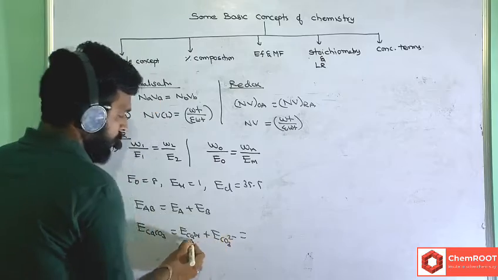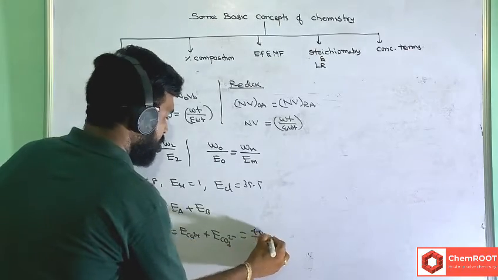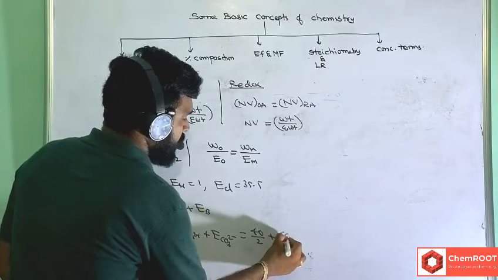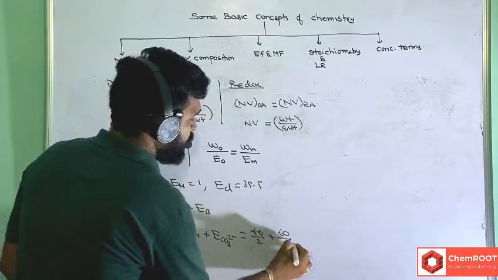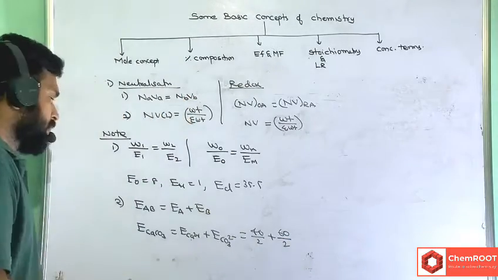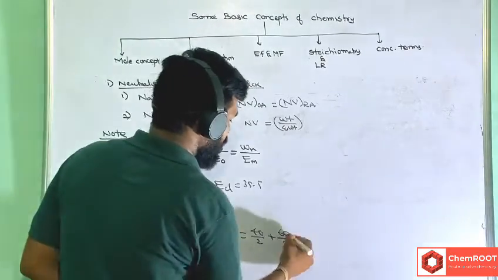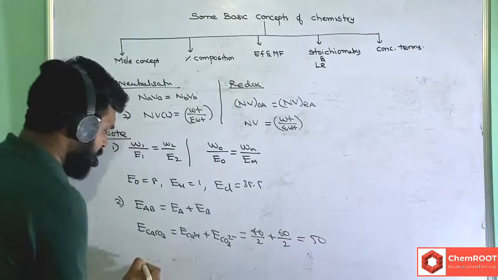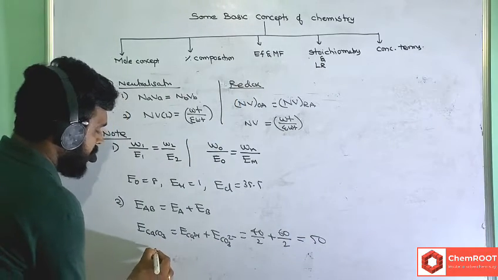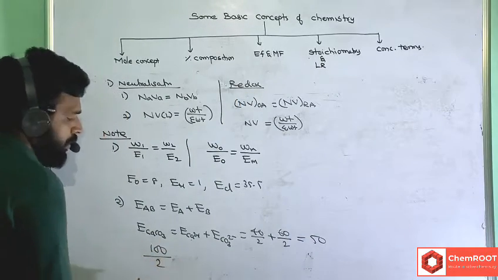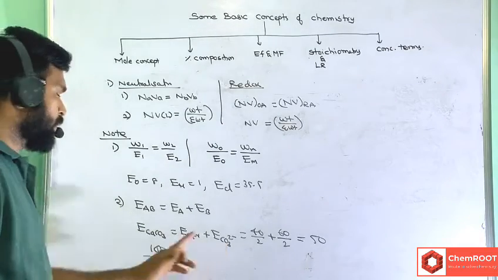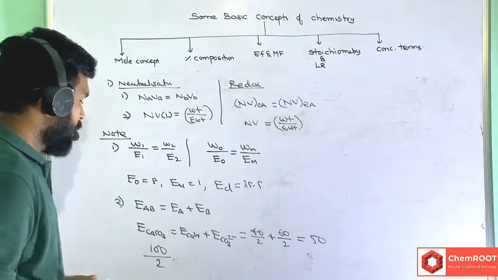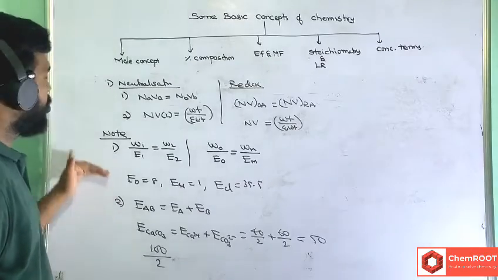So it is 40 by 2 plus 60 by 2, which becomes 50. Directly for a salt, the mass is 100, and the valence factor is 2, so the magnitude of charge is plus 2 and minus 2, so it will be 2. Like this we can find it.